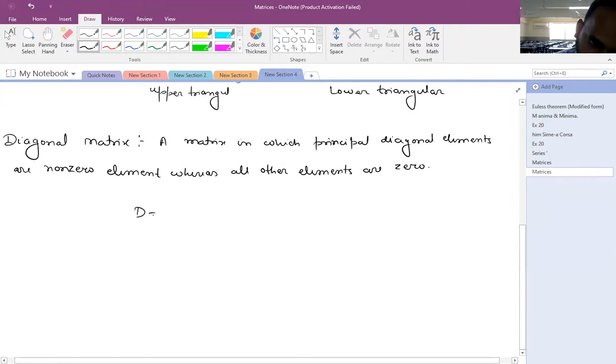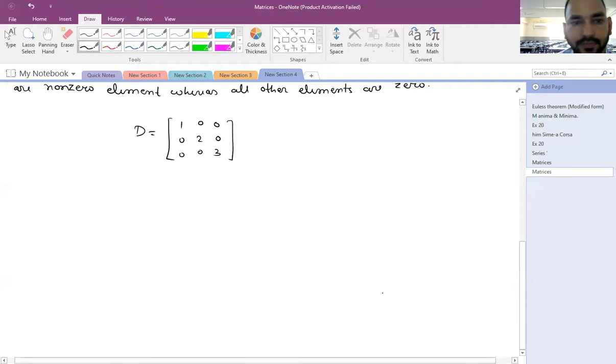For example, I give you 1 2 3 on the diagonal and 0 elsewhere. So this is a diagonal matrix.